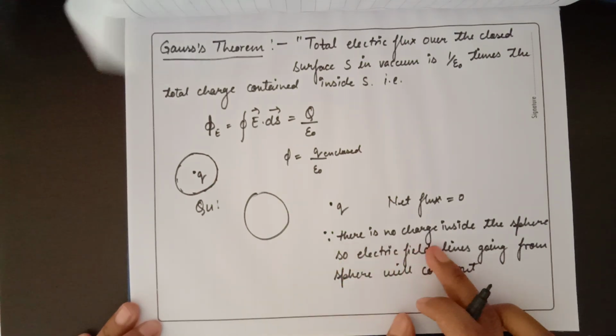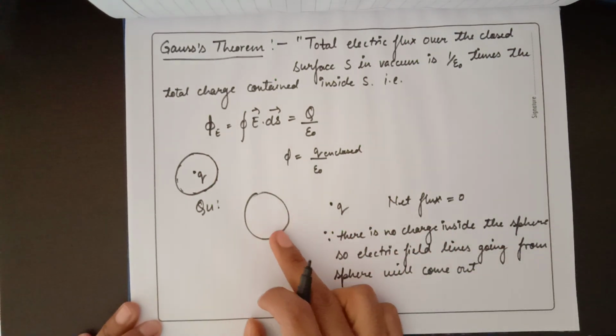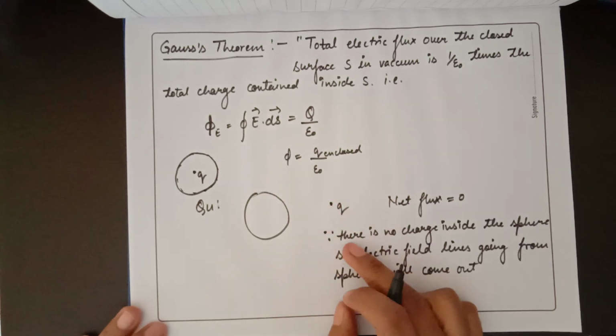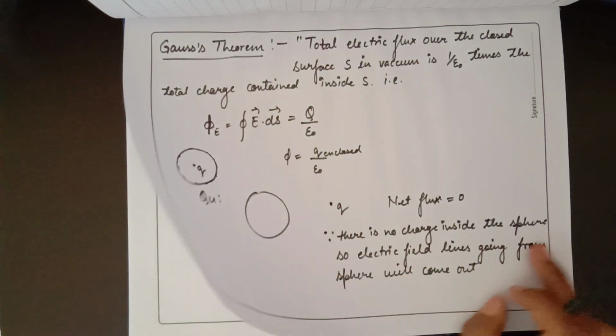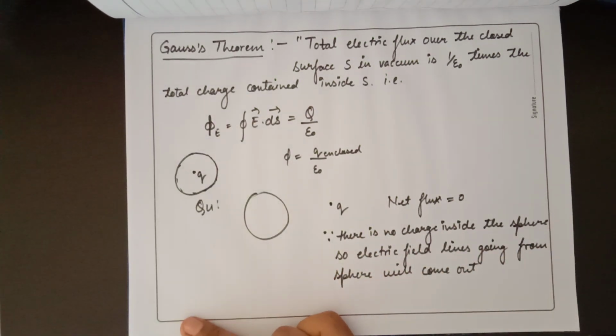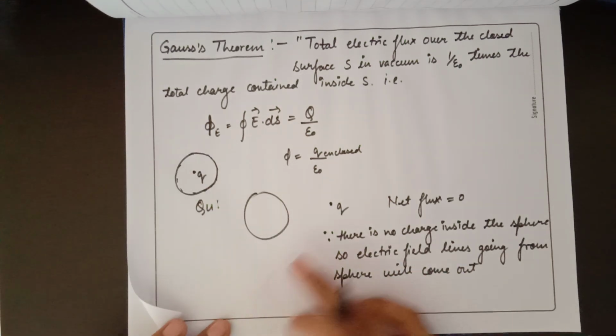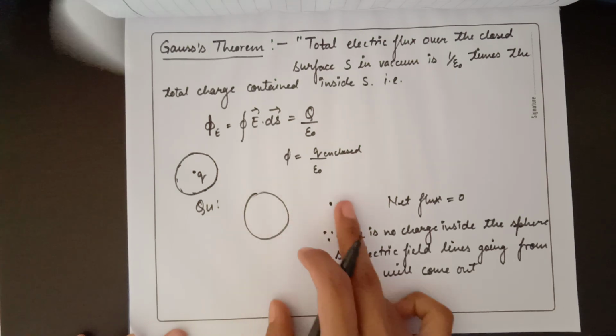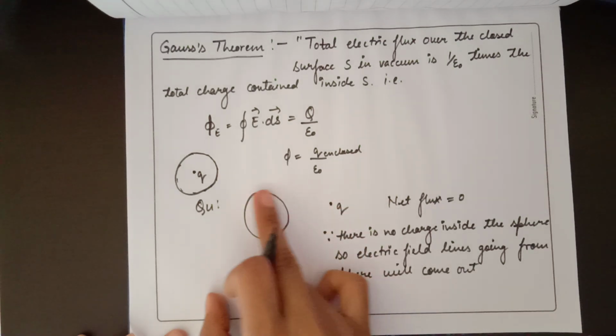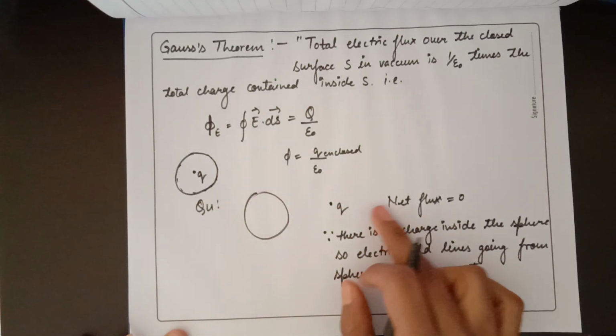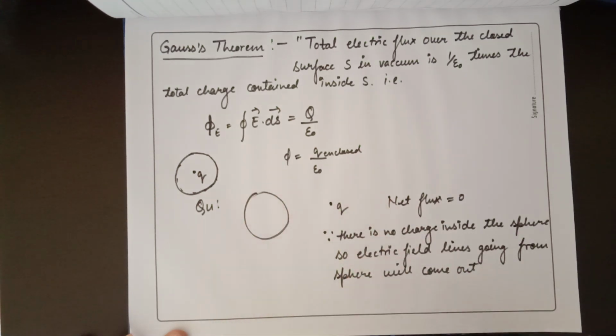As there is no charge inside this sphere, you can see from the figure, q is outside the sphere. The electric field lines produced by this charge will go through the sphere, but they will come out. So net flux through this sphere will be 0.